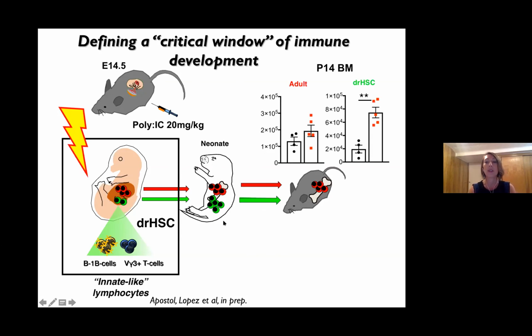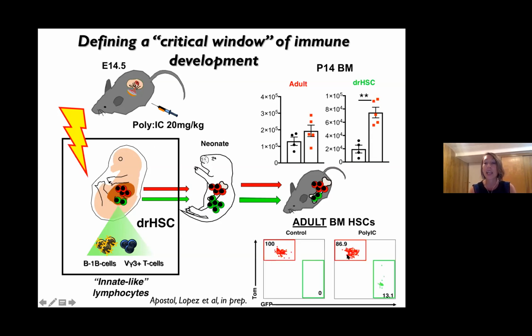When we looked into adulthood, we observed that this mild stimulation at embryonic day 14.5 resulted in the inappropriate persistence of these DR-HSCs into the adult period. So as I showed you before, whereas previously we do not observe green cells within a phenotypically defined adult population, under a poly-IC treatment during the prenatal period, we see a significant number of green cells present within the adult HSC compartment.